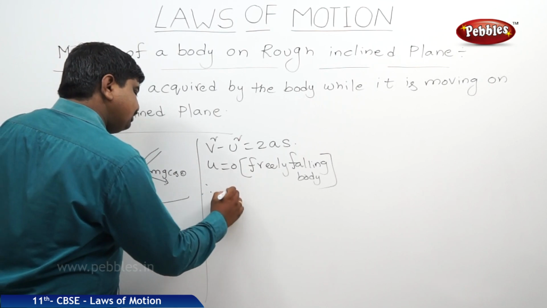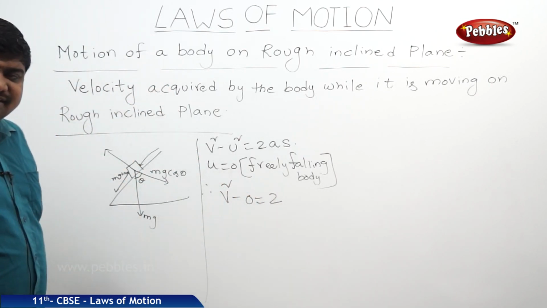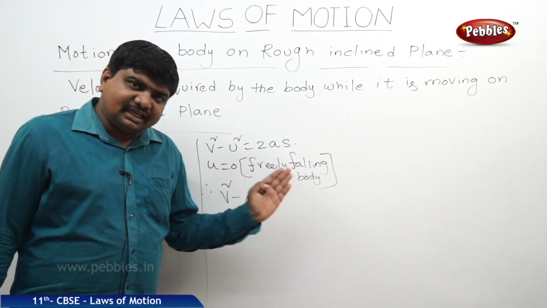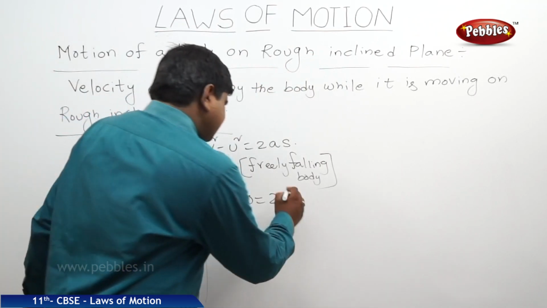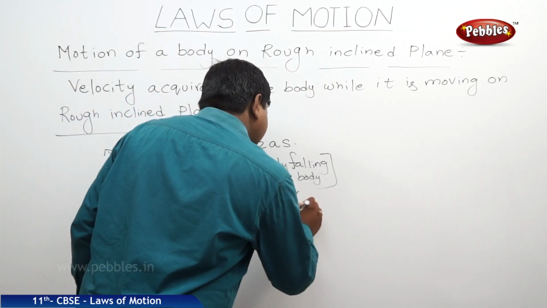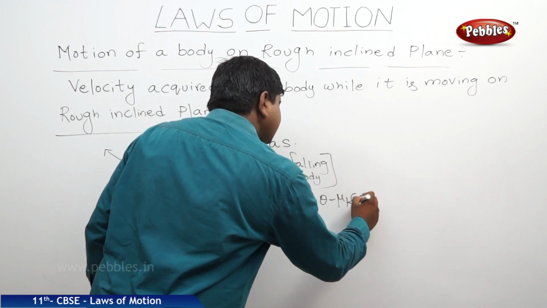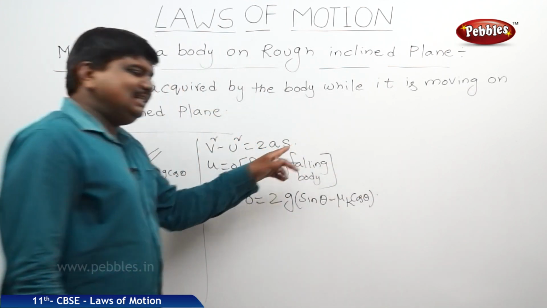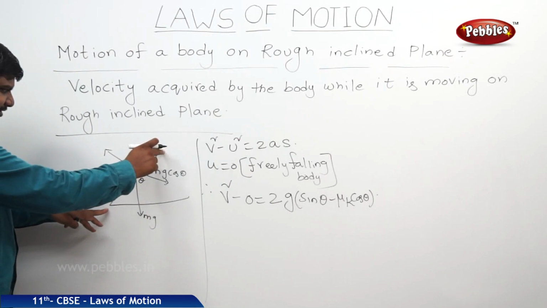So v square minus 0 is equal to 2 into a, where acceleration is equal to g into sin theta minus mu k cos theta. In the previous question we have discussed that. So it is g into (sin theta minus mu k cos theta), and the distance traveled by the body on the rough inclined plane is equal to the length of this plane.